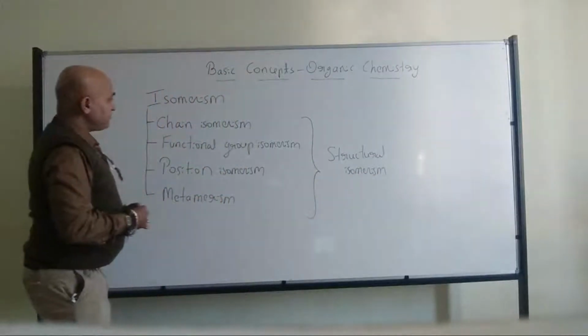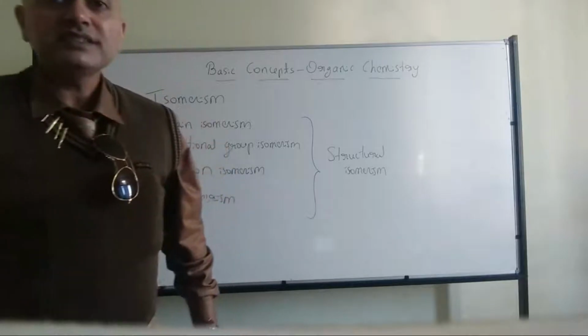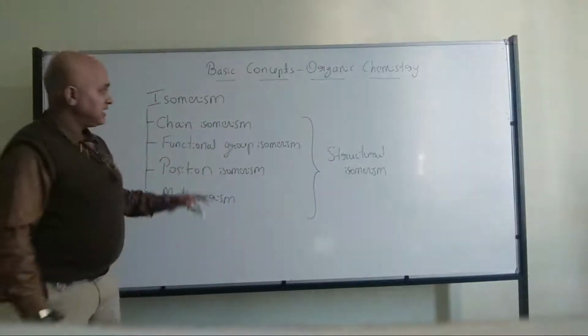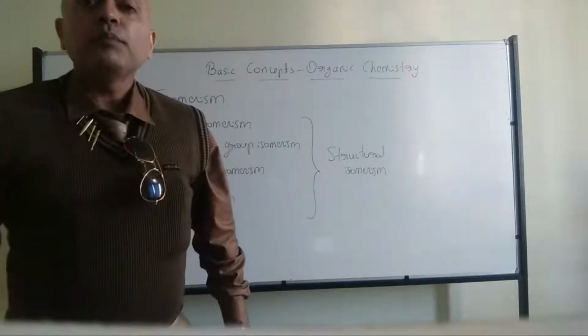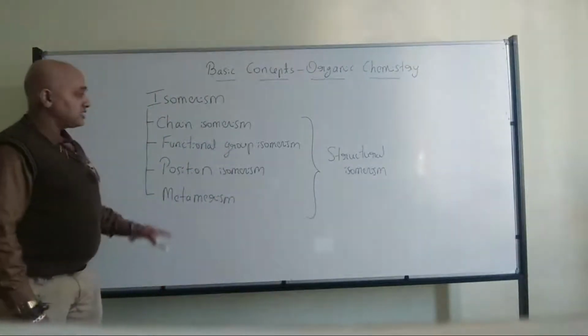Now that's where we have the chain isomerism, where there will be difference in the parental chain, but molecular formula will remain same. Now when it comes to functional group isomerism, molecular formula will remain same, but there will be different functional groups.